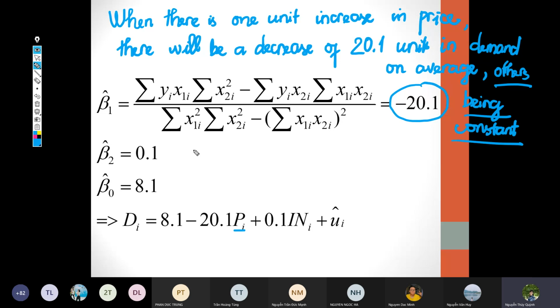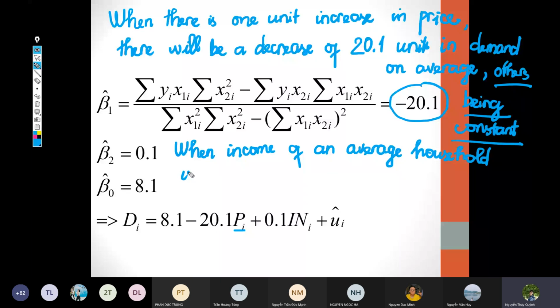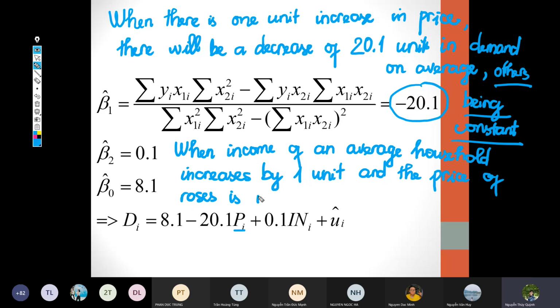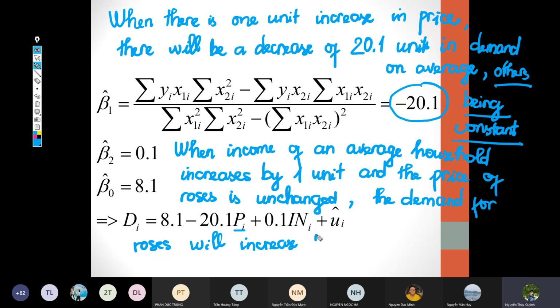I can write it here. When income of an average household increases by 1 unit, and the price of roses is unchanged, the demand for roses will increase by 0.1 unit on average.